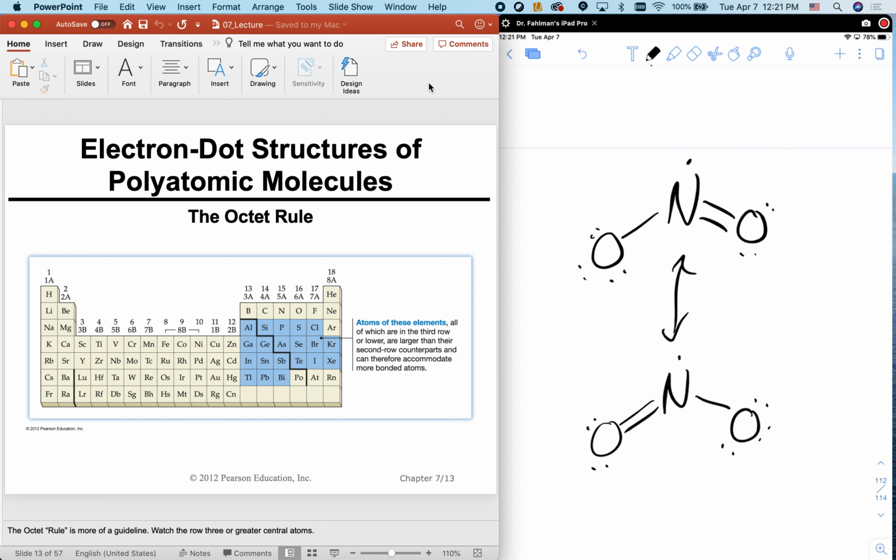Whenever you have at least one electron here, you start to repel these electrons, and now it goes from this, which is linear, to a bent structure. And so that's where we will pick up next week. So enjoy your weekend.